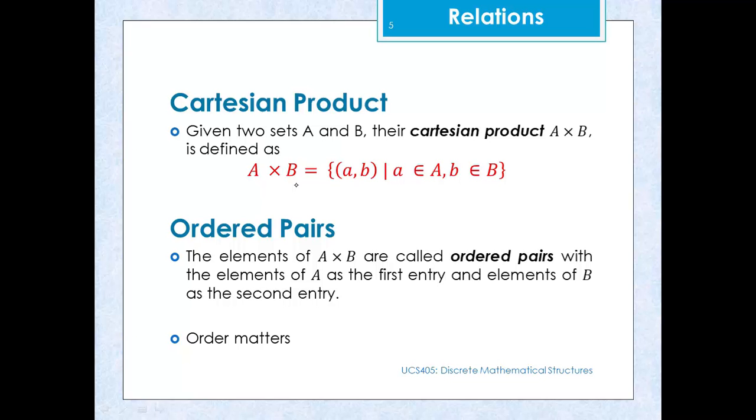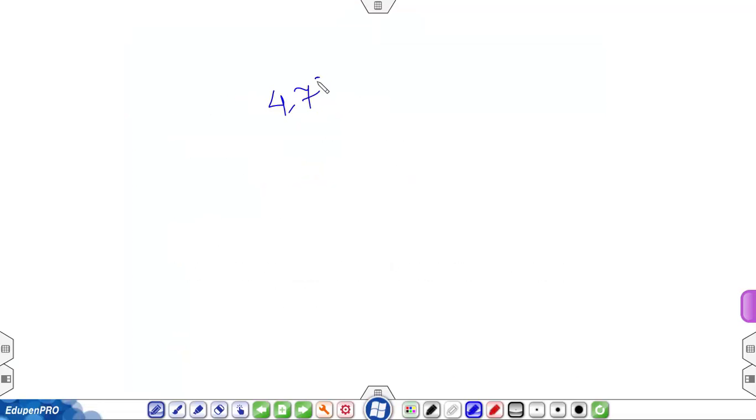The next thing that you have to keep in mind, that is most important here, is that these are called ordered pairs because here order matters. So what do we mean by order matters? Let us see one example. We have an ordered pair like (4, 7) and we have a less than relationship in this ordered pair. So this relation is true here because obviously 4 is less than 7.